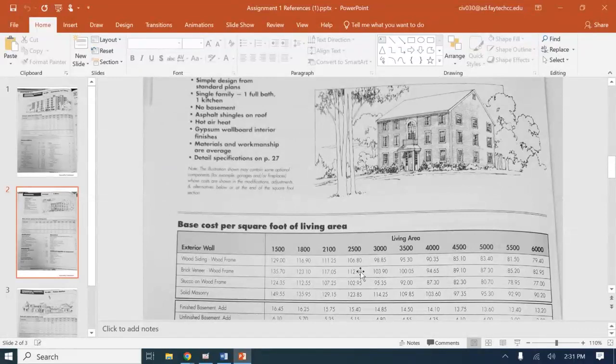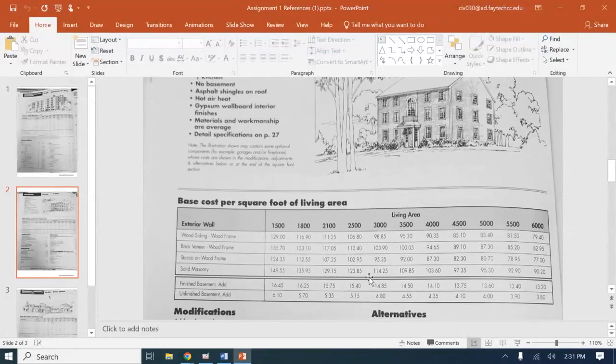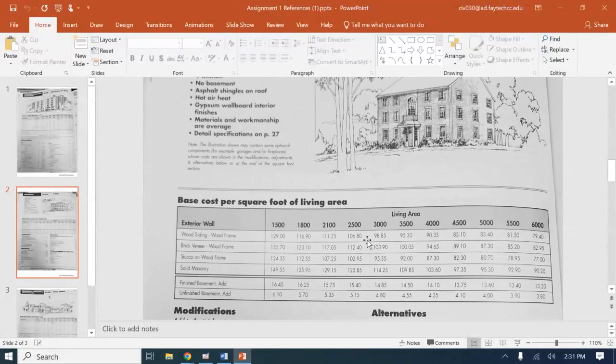So you're going to set that up and interpolate to figure out what your base cost would be for 2,200 square feet. When you get that in, and you get your base cost, it's going to fall in between here.